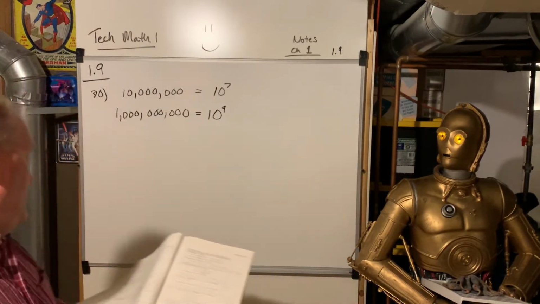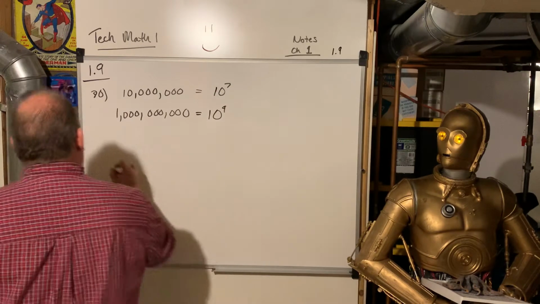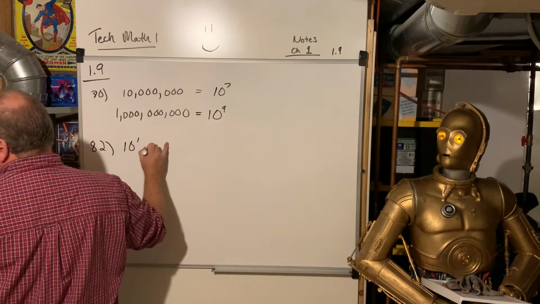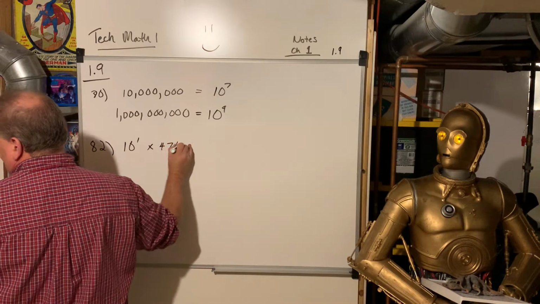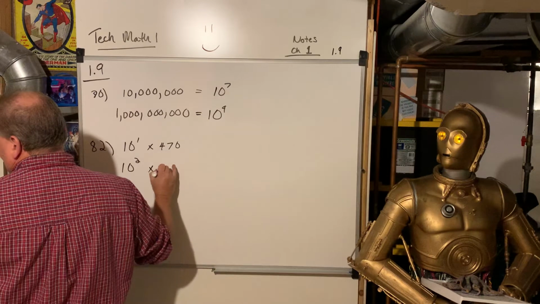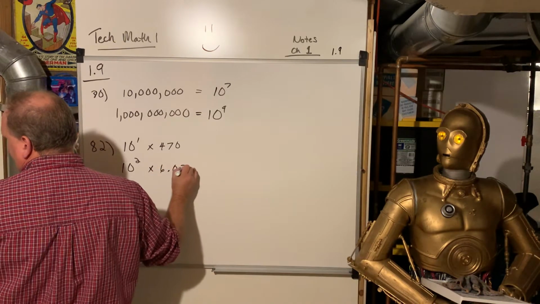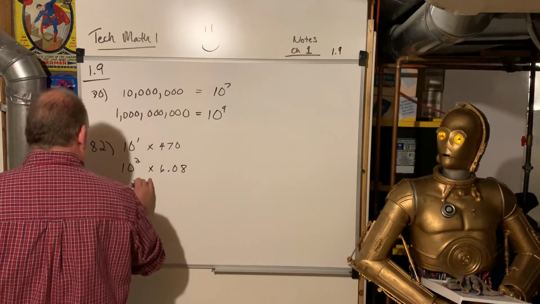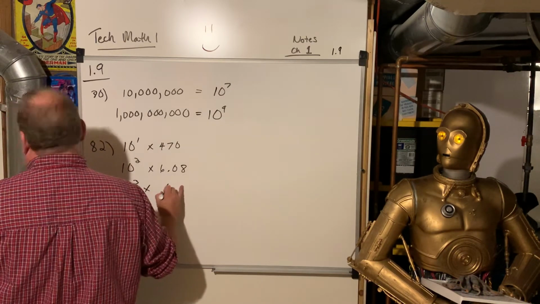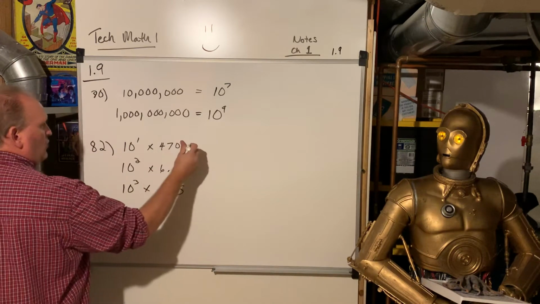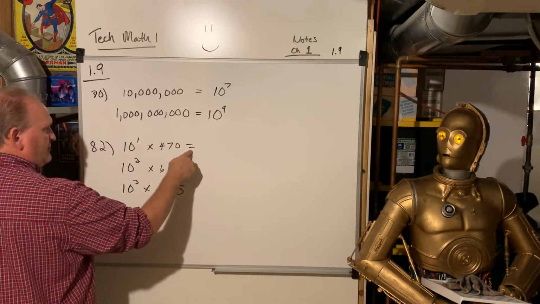Let's jump to 82. What if I do 10 to the 1st times 470? What if I do 10 to the 2nd times 6.08? What if I do 10 to the 3rd times 6.5? So look, all you're doing with 10 to the 1st is moving the decimal place one place to the right.